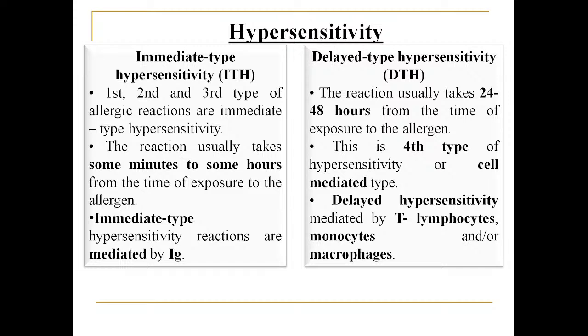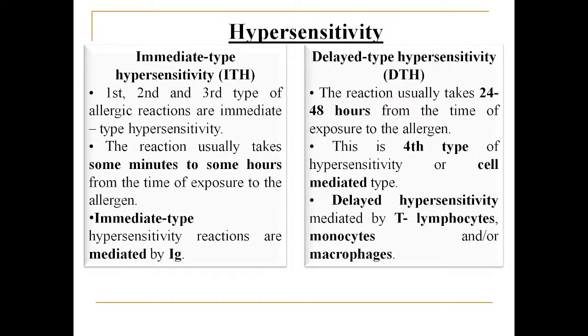What are the differences between immediate type hypersensitivity and delayed type hypersensitivity? The first, the second, and the third types of allergic reactions are immediate type hypersensitivity. Reactions usually take from some minutes to some hours from the time of exposure to the allergen.